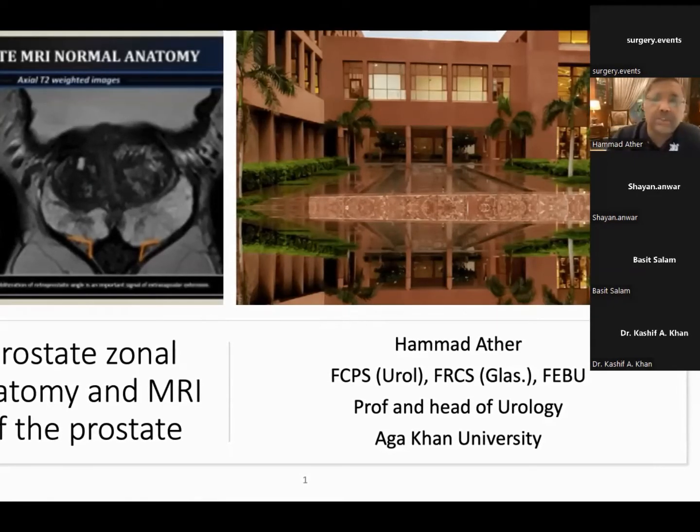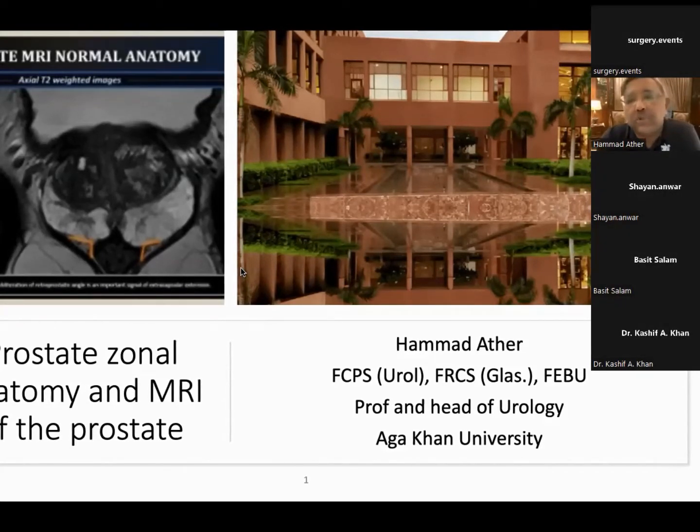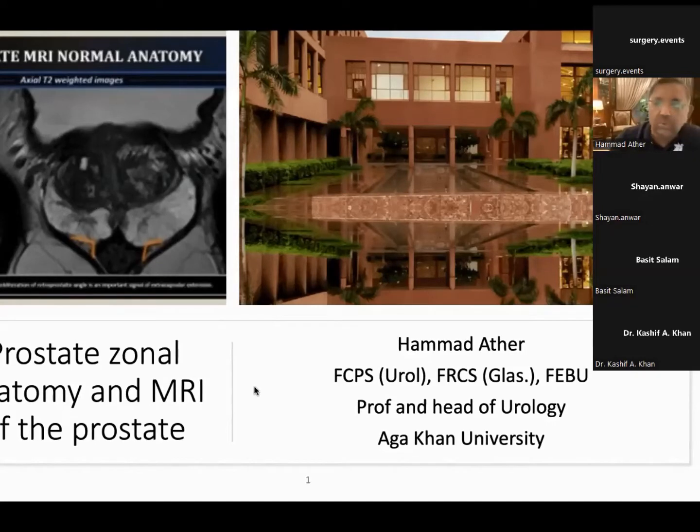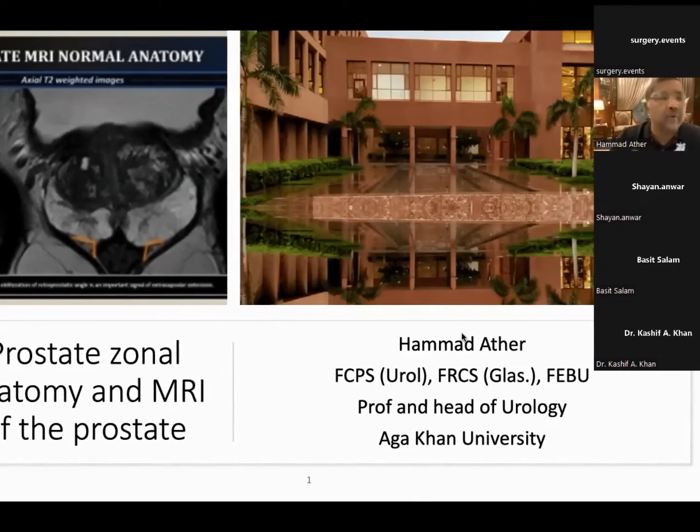And now Dr. Shayan Anwar, who is also part of the tumor board, and her valuable input in understanding the MRI scan during the tumor board meetings. So thank you very much to both of you. And I'm really grateful that you are here this evening.